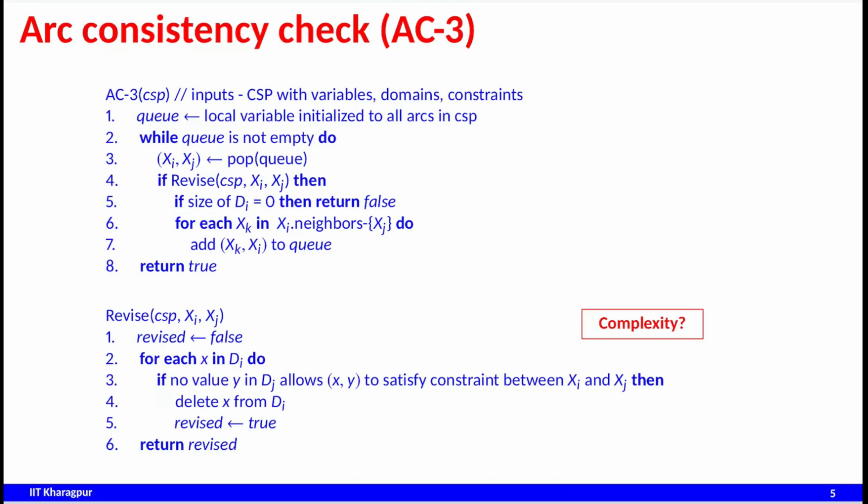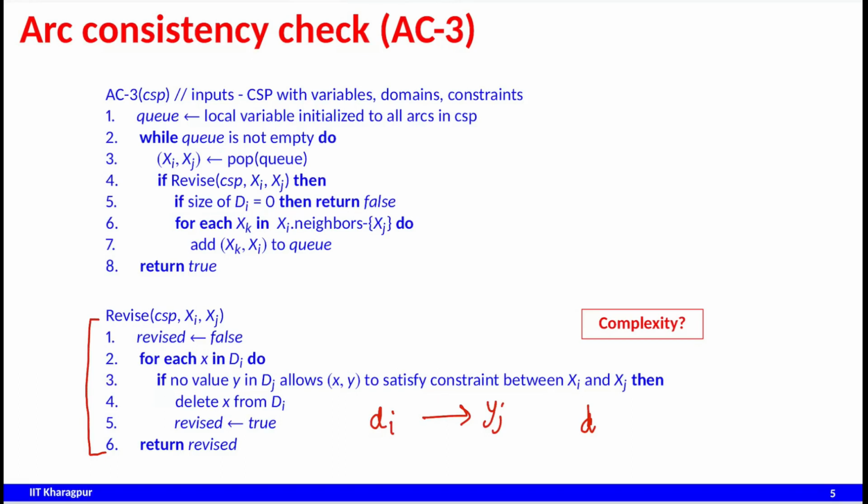The thing is, if we want to analyze the complexity, let us first look into what the time complexity is for this one. As we have said, for every di we look into every yj whether they are compatible or not, and let's say both have the domain size d.